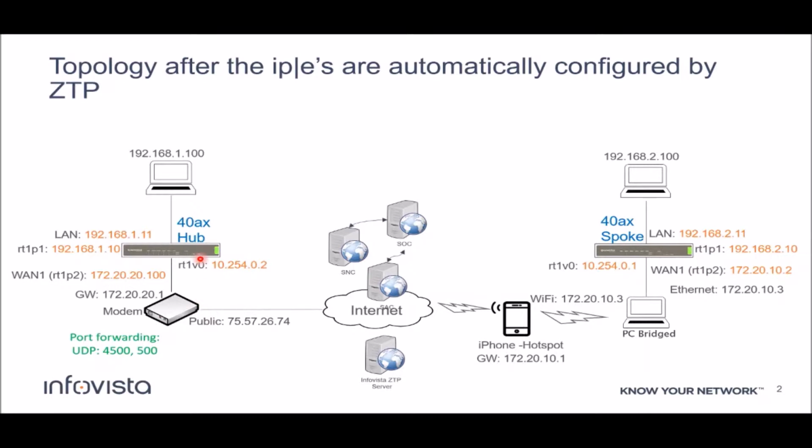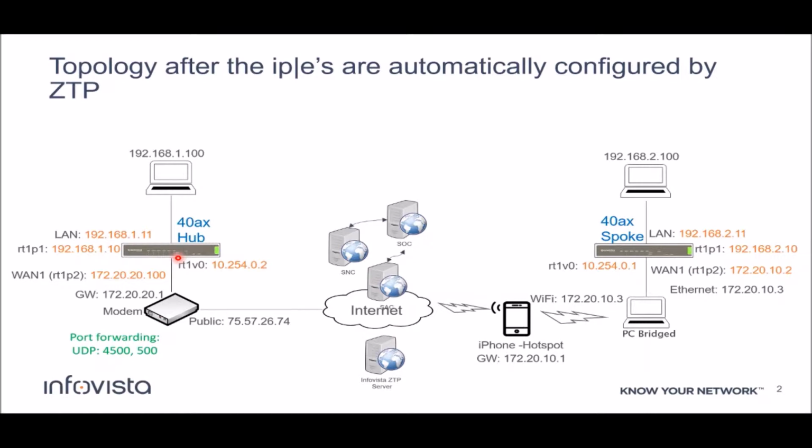I'm not going to enter into the details of the configuration today, but just some main comments. So the boxes that I am using here are medium size edge boxes, the 4AX, and they get their configurations when you interconnect them to the internet using the WAN port.